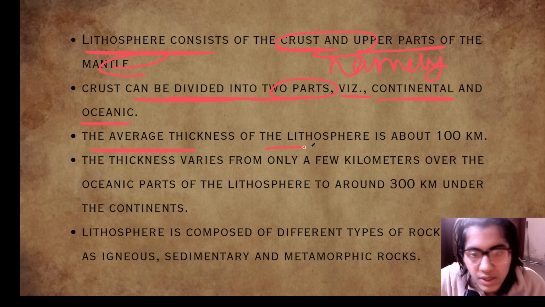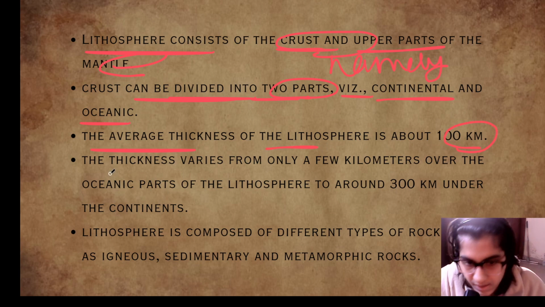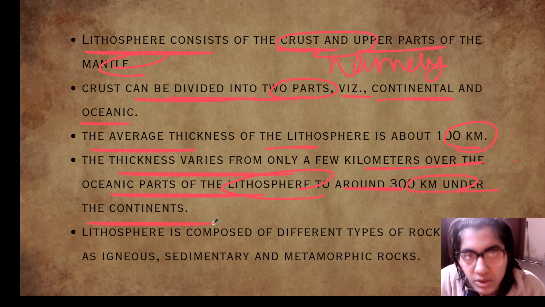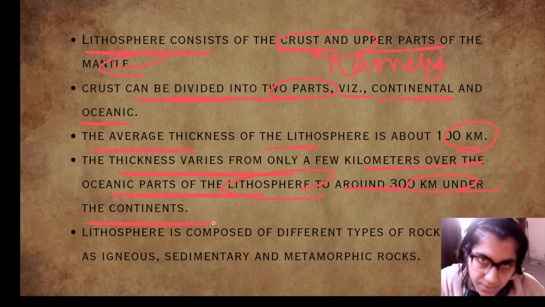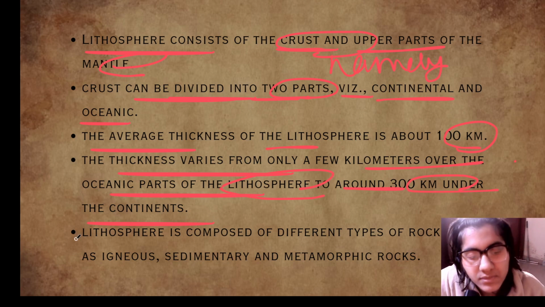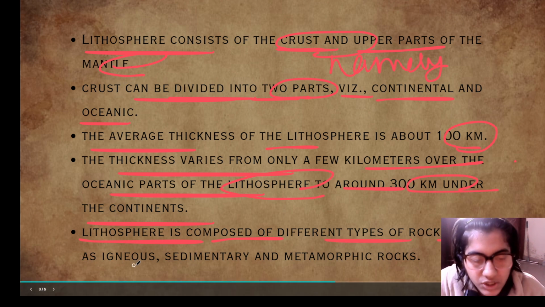The average thickness of the lithosphere is about 100 km. The thickness varies from only a few kilometers over the oceanic parts of the lithosphere to around 300 km under the continents. So the lithosphere is much deeper in the continents than in the oceans. The lithosphere is composed of different types of rocks such as igneous, sedimentary, and metamorphic rocks.